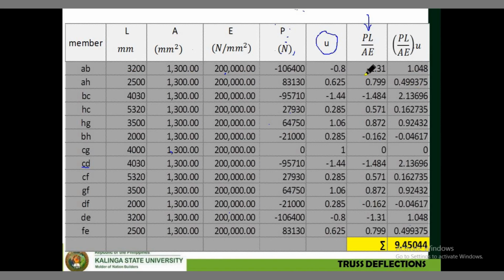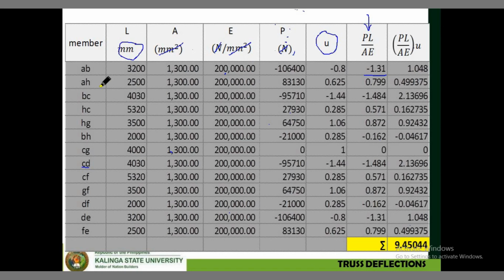Doon ko nakuha si negative 1.31. Be consistent with your units. Ag-cancel ni Newton, ag-cancel di millimeter squared. So, ang magre-remain na unit natin is millimeters.